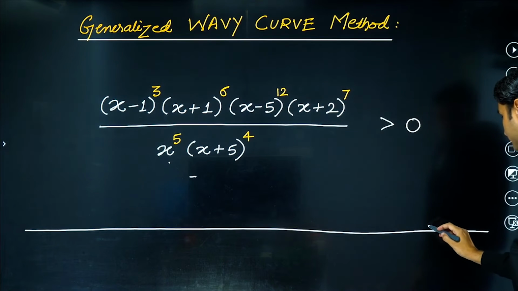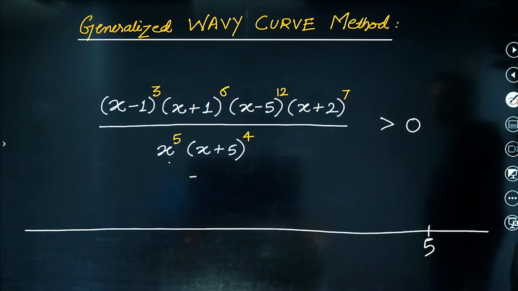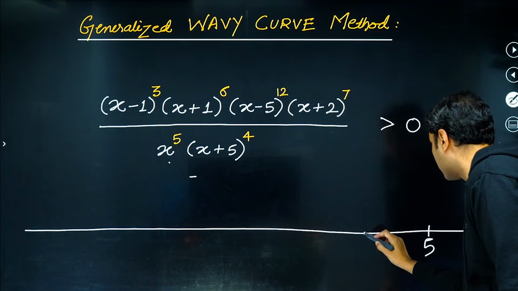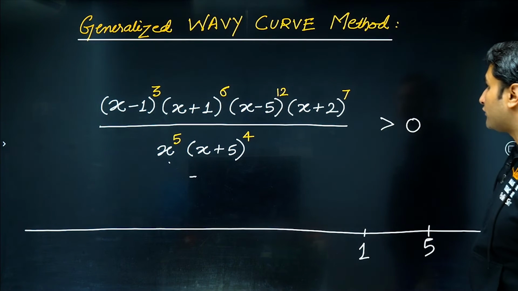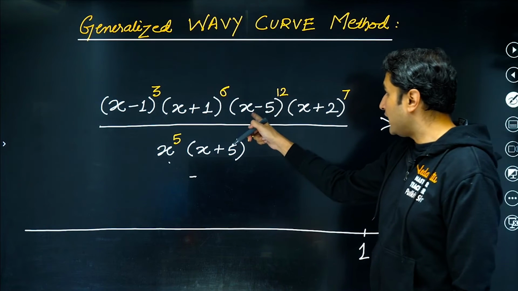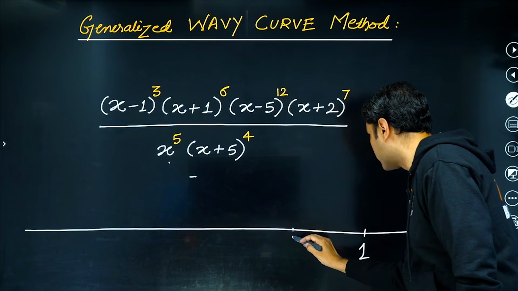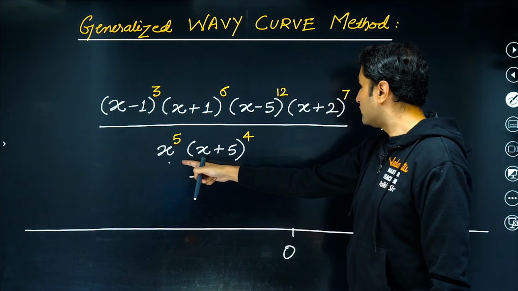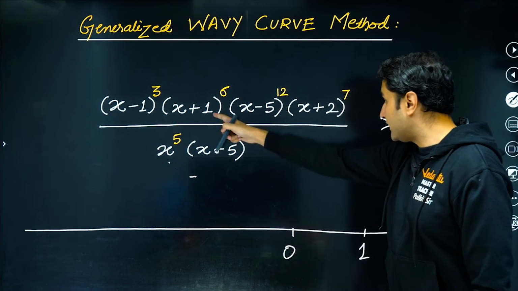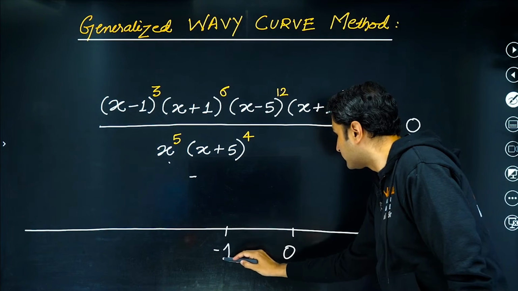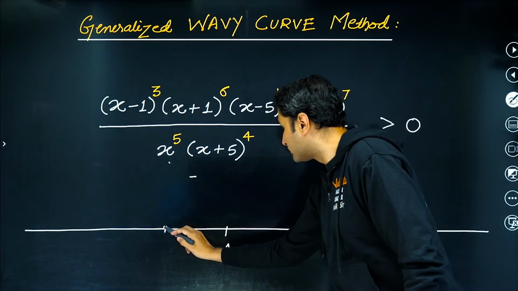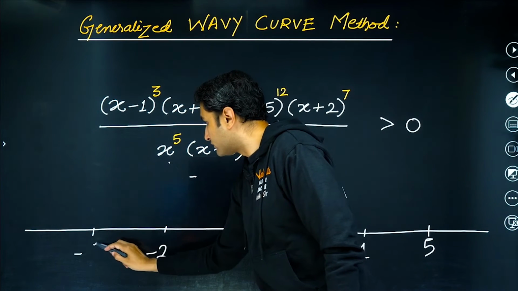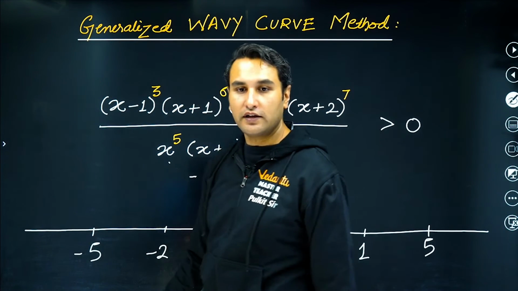So 5, then after 5, 1, then 0, then -1, -2 and -5. All the zeros are here.